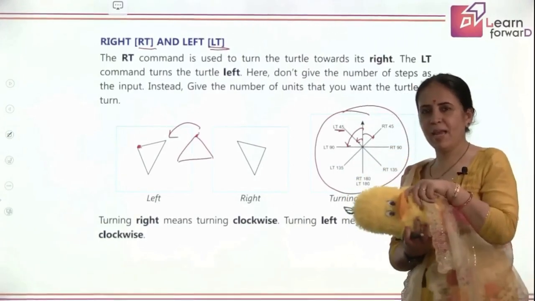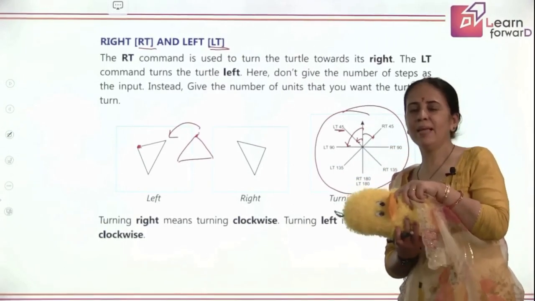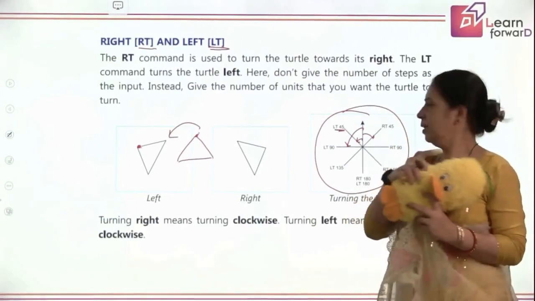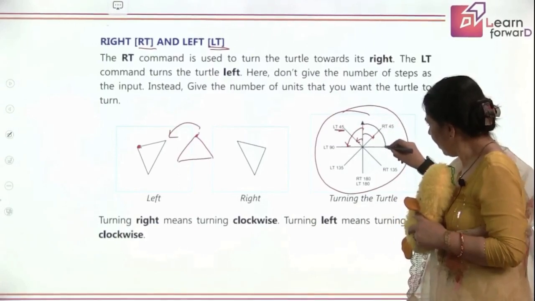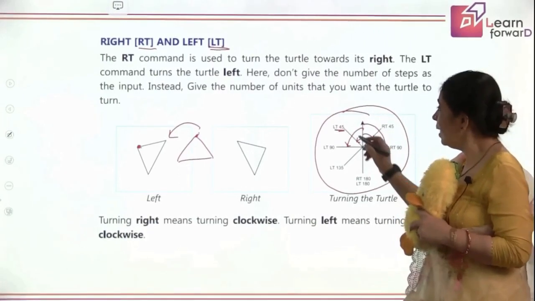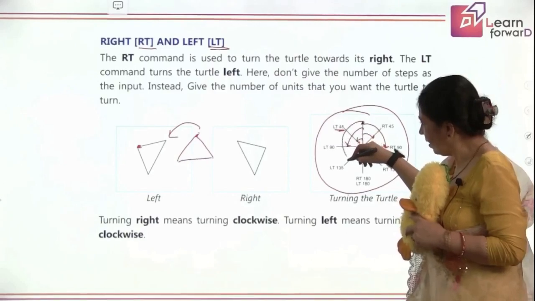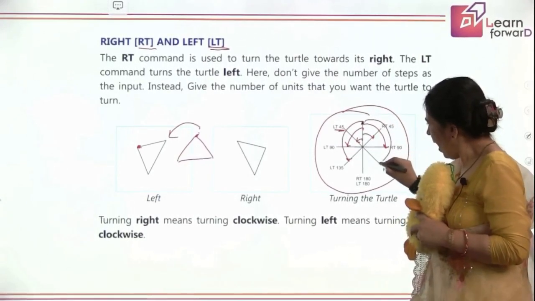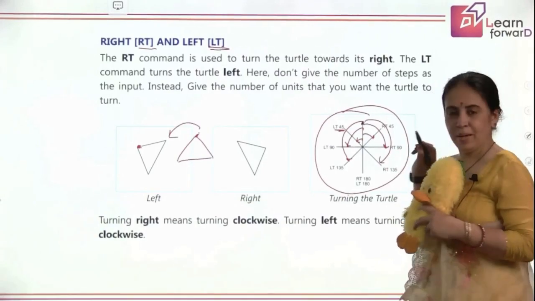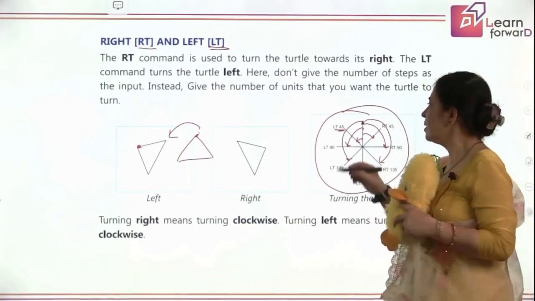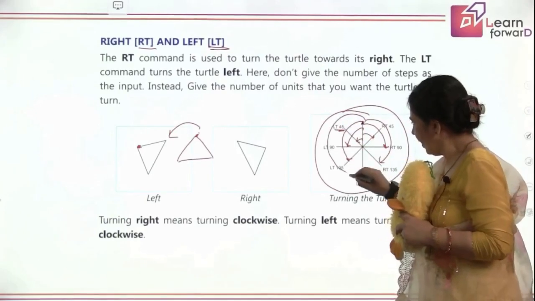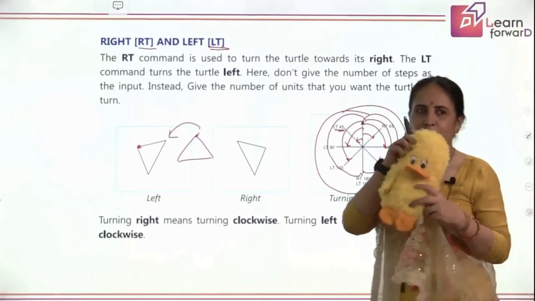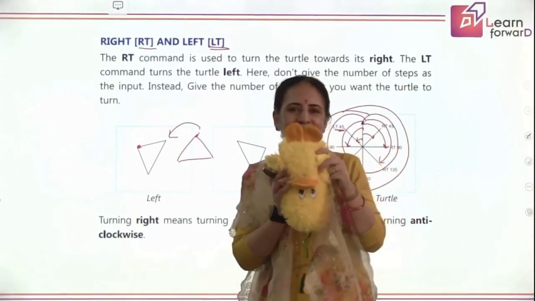And if you say RT90, from the original home position, it will turn like this. Now, if you give LT135, this will be the turn, and similarly, RT135 will bring you here. And most important is, either you give RT90 or LT90, in both cases, it will just be upside down.